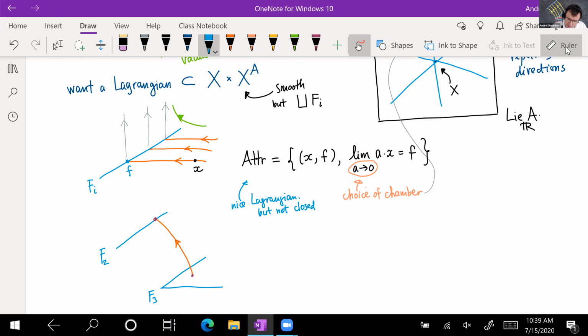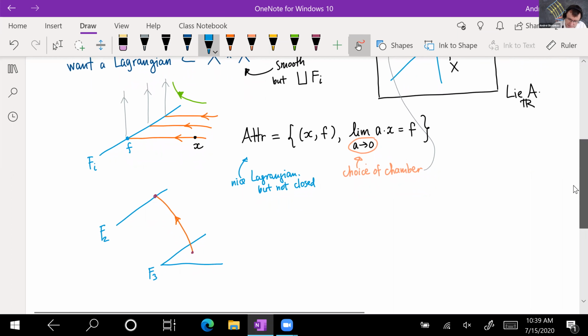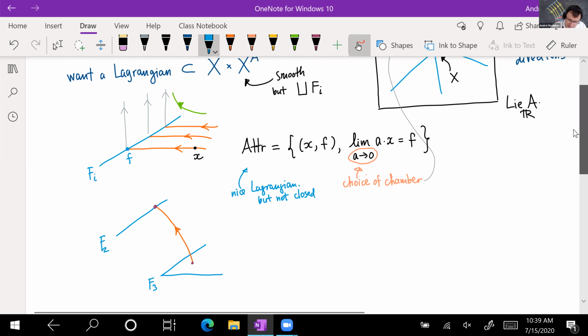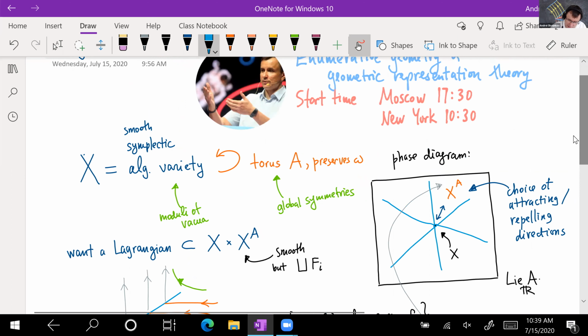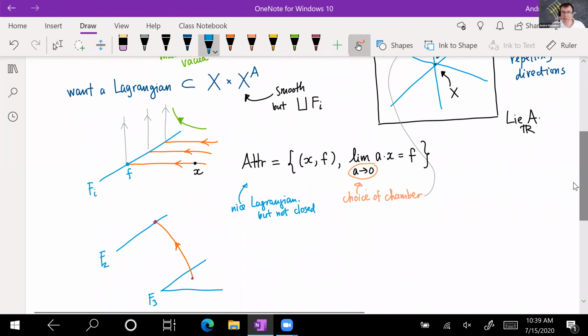The simplest example to have in mind is this: if I take T star of a Grassmannian and then act by some torus in GLN, and if it's a maximal torus, the fixed loci are points, and the closures of the attracting components are called conormals to the Schubert cells, and the closure of one hits another.